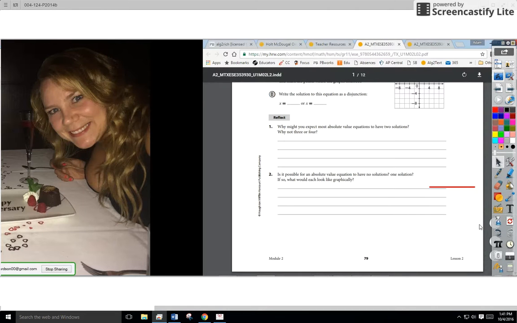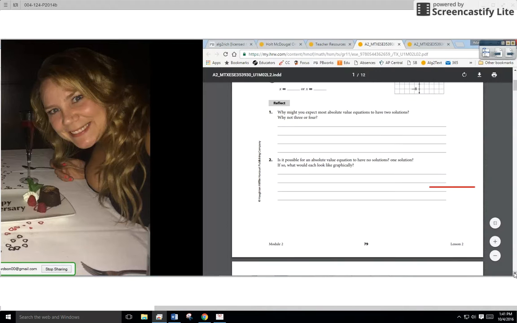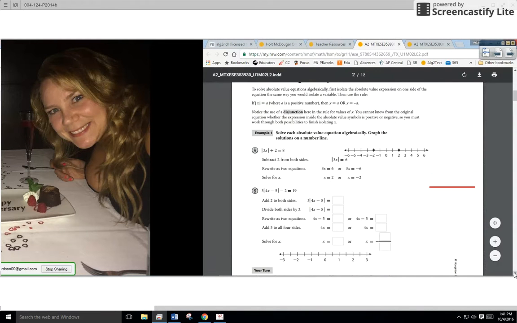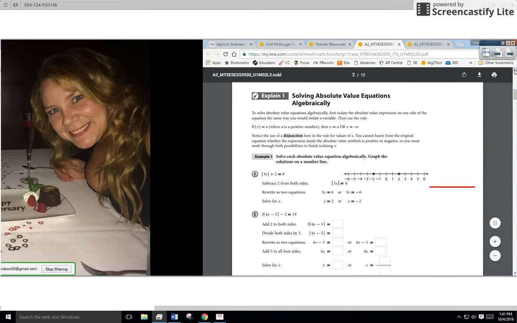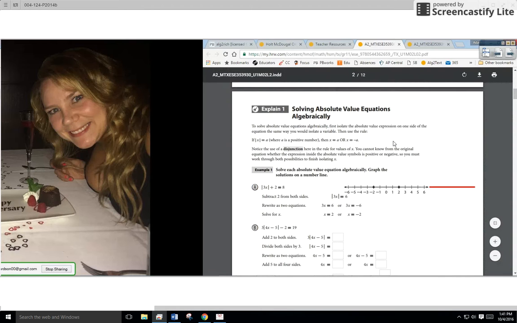So let's look at the next page, page 80. Okay. So let's read that first sentence right here.